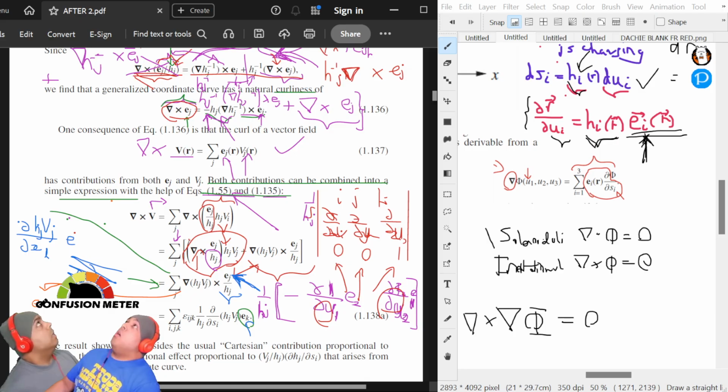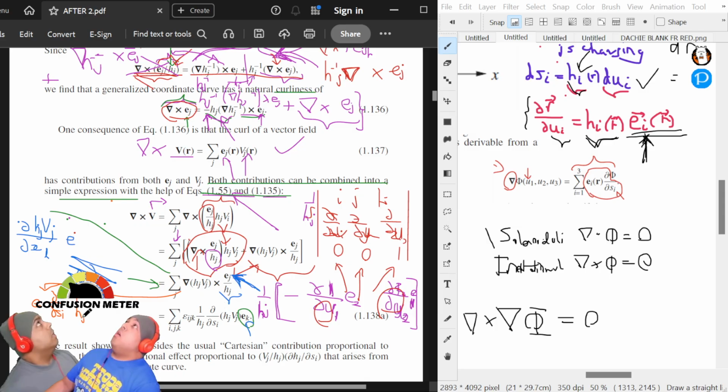Del equals EI of R, del SI, del SI, 1 over HJ.